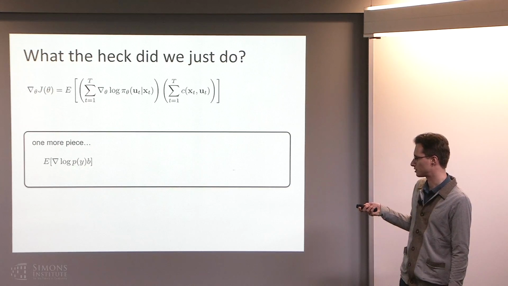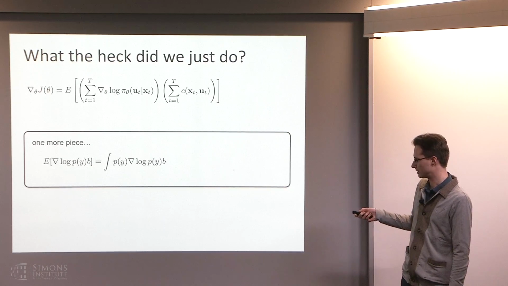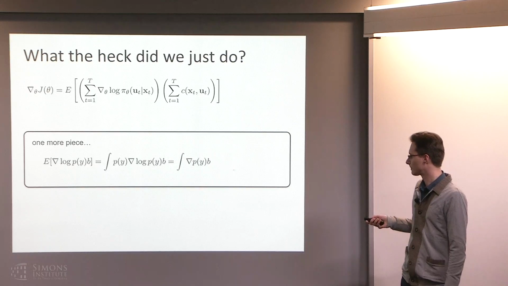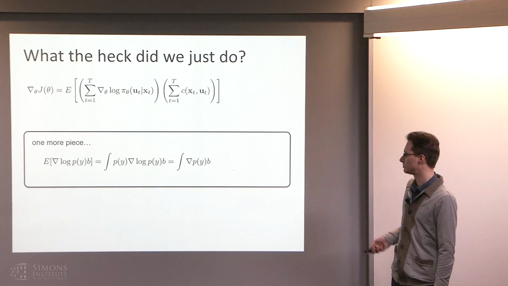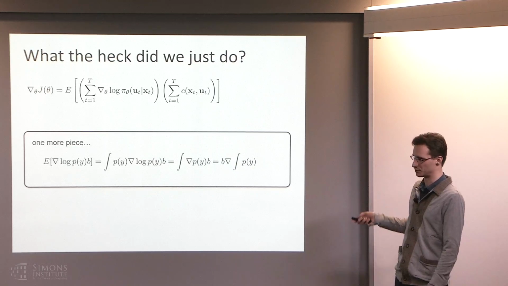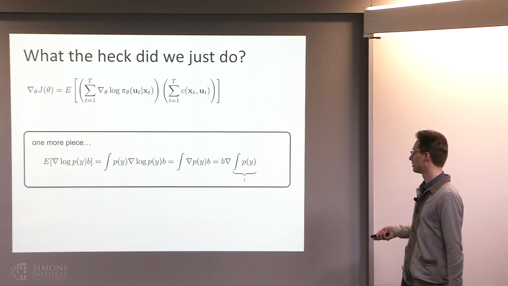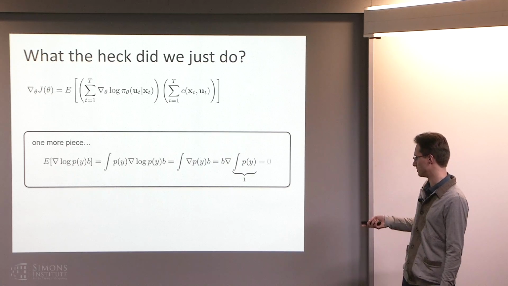If you have an expectation of grad log pi times some constant b, we can write that out like this. Based on that identity I showed you before, that's just grad p, which means we can take the constant out. This part is the gradient of the integral of p, which of course is 1 because it's a distribution. So it's b times the gradient of 1, which is 0.